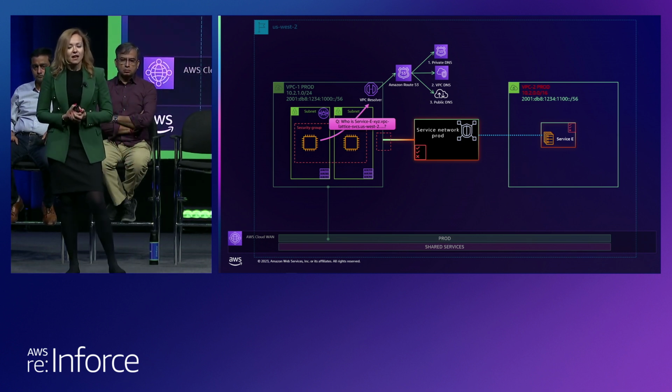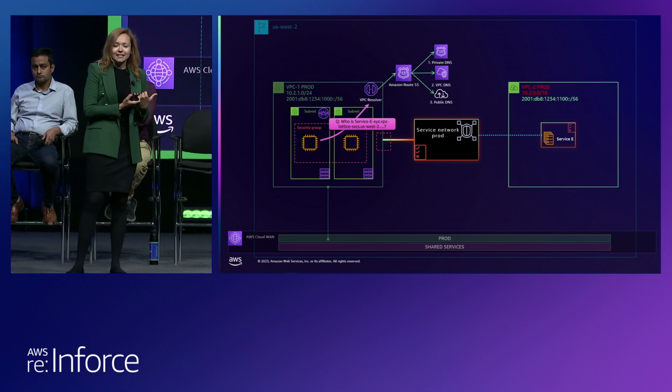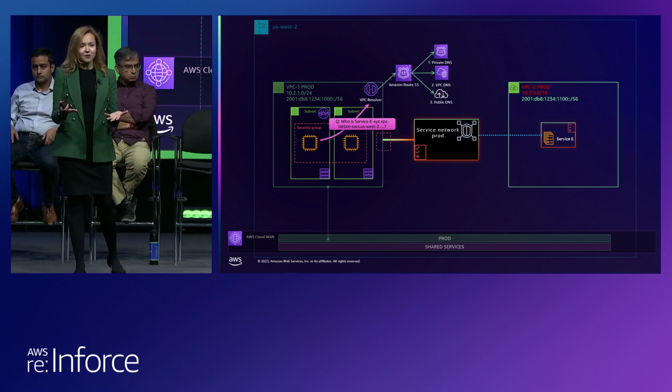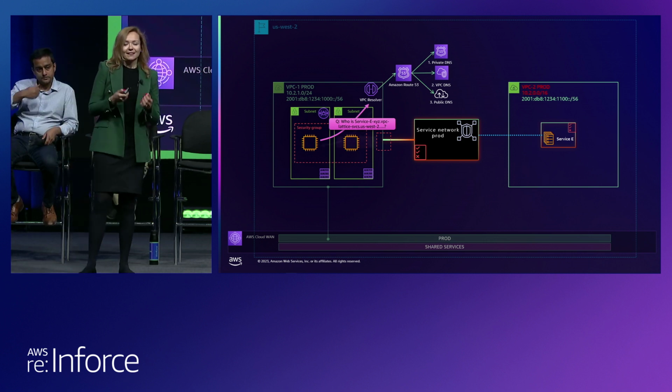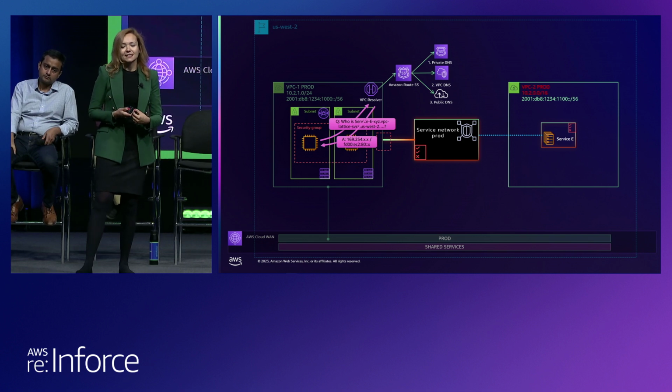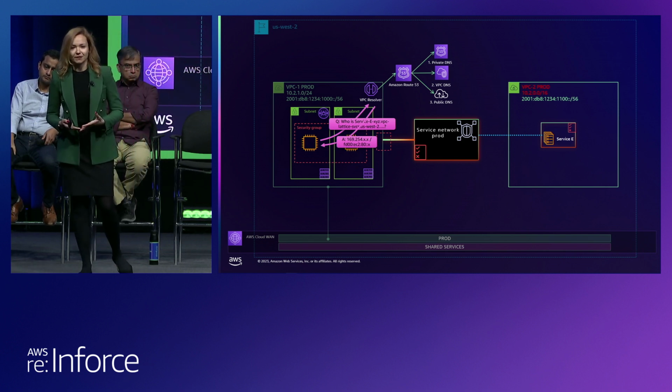So let's say that our workload here, service A, does a DNS query and says, okay, well, how do I get to service E? The way in which you get to service E is essentially determined by the DNS response.